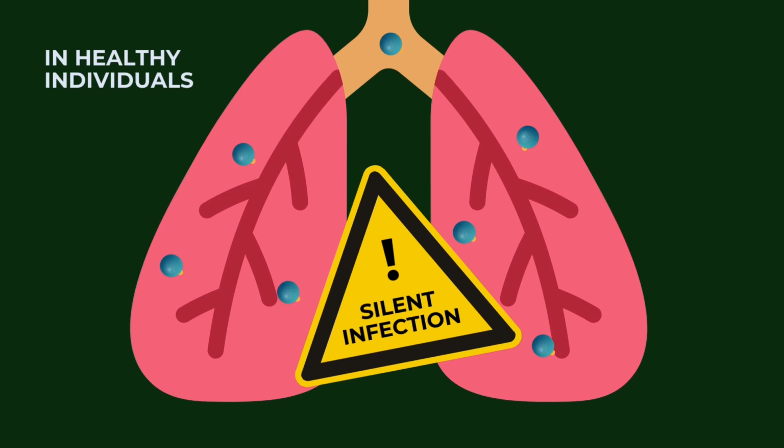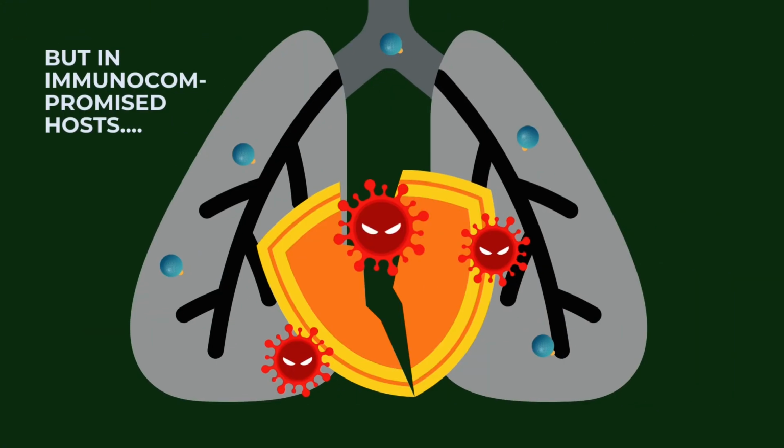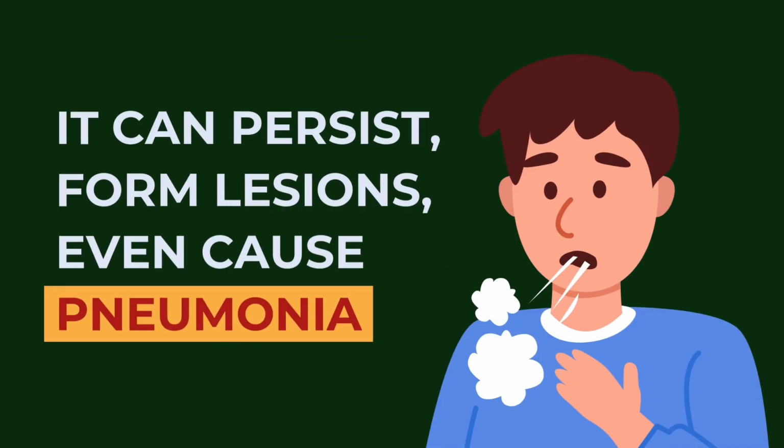And they survive in the lungs. Cryptococcus neoformans evades the immune system by surviving inside the alveolar macrophages, resisting phagocytosis due to its thick polysaccharide capsule. And in immunocompromised hosts, the fungus can proliferate and persist, forming granuloma-like lesions or pneumonia.